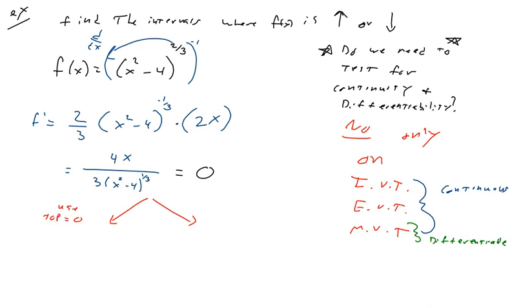If you have anything on the top, x over infinity, x over 9,999 equaling 0, the only way this is going to make a 0 is if the top is 0. The only way the problem is going to equal 0 is if the numerator is 0. So one step we take is we just use the top and make it equal 0, kind of like cross multiplying, canceling the bottom.